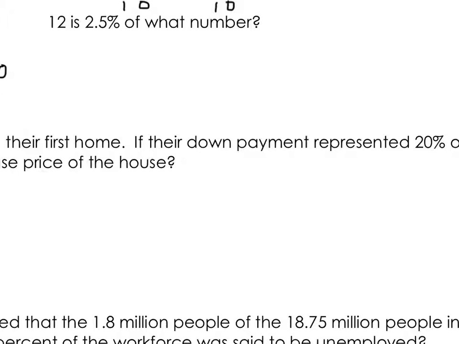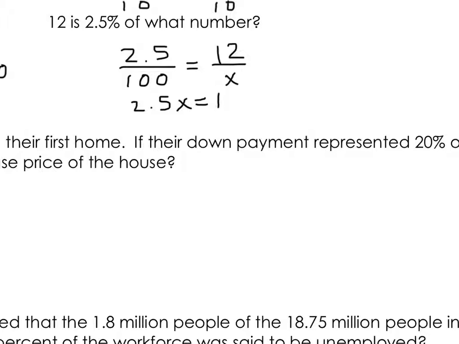12 is 2.5% of what number? So 2.5%. 12 is 2.5% of what number? We don't know what the of number is, but the is number is 12. So we'll cross multiply. 2.5x equals 1,200.